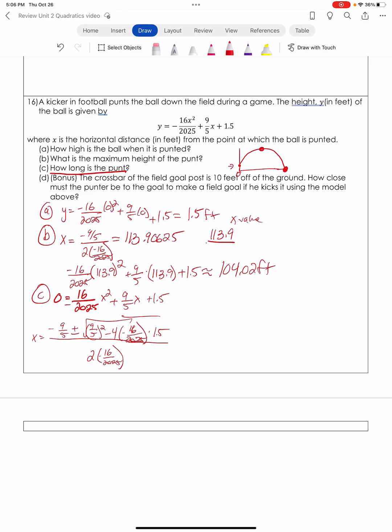When you throw all that in the calculator, just be really careful. Please use that fraction button because it's really easy to mess up.